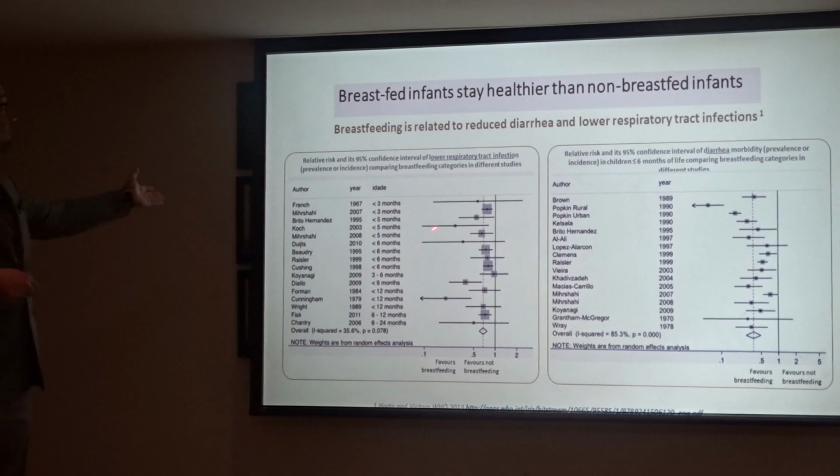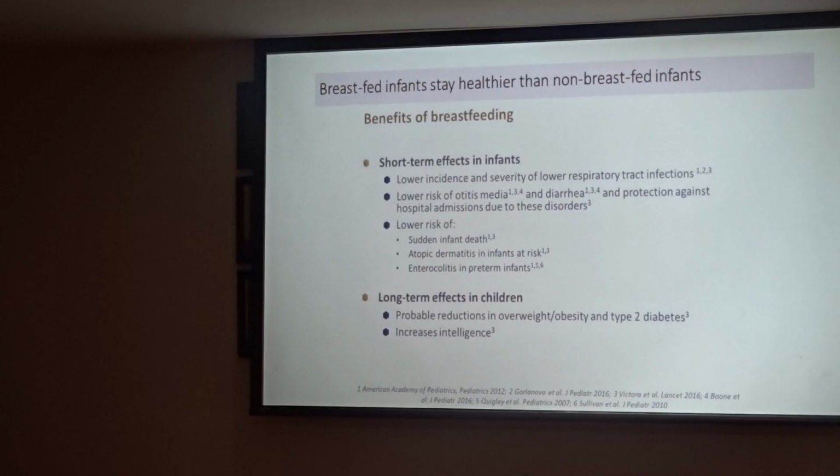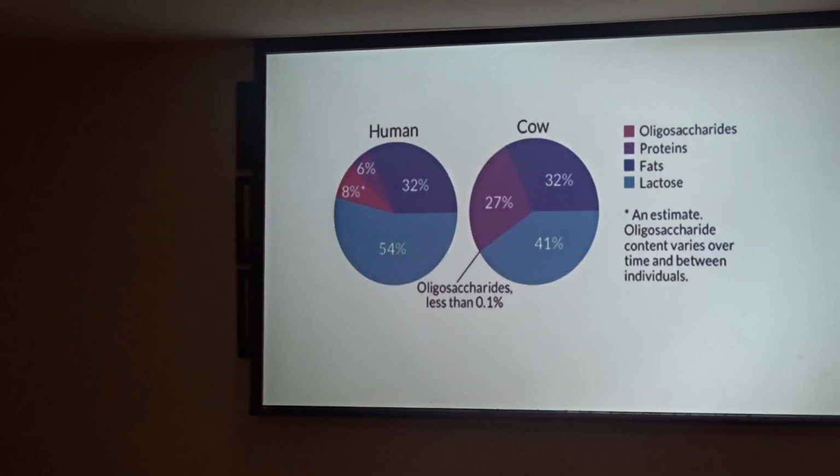For that reason, breastfed infants have fewer lower respiratory tract infections, all the trials show that, and less risk of diarrhea. There is also lower morbidity in the short term and in the long term, like obesity and type 2 diabetes mellitus, and also increased intelligence in those who are breastfed.